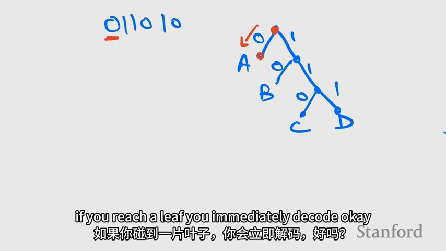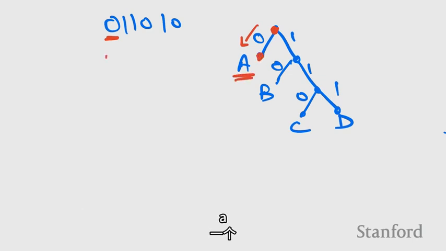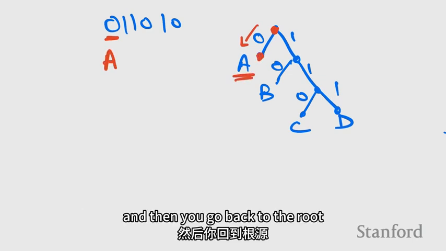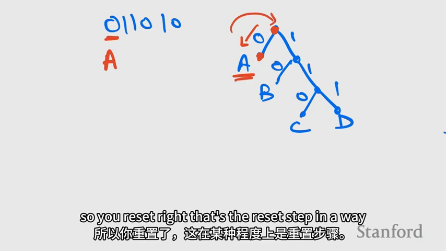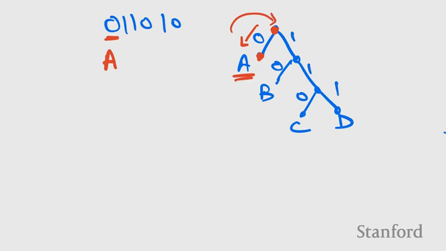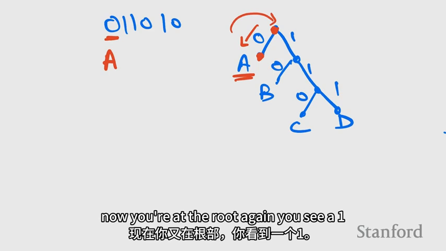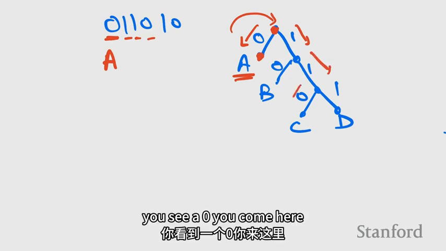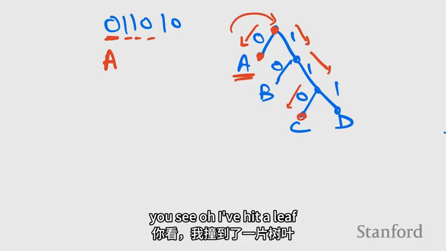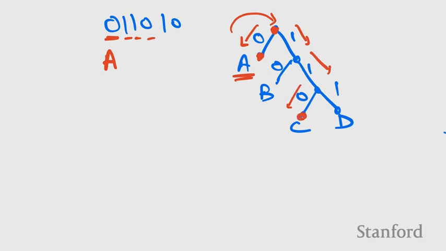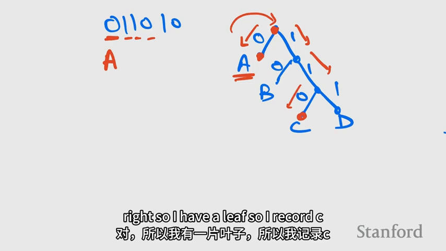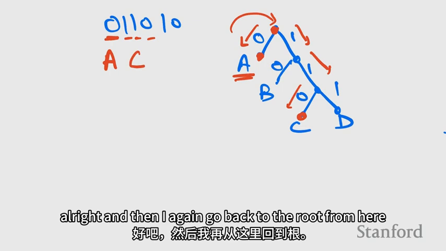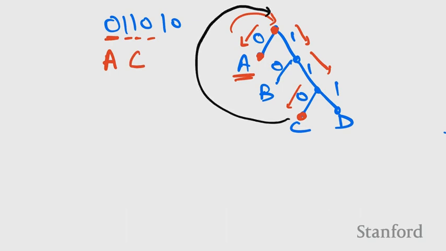If you reach a leaf, you immediately decode A, and then you go back to the root. So you reset. Now you're at the root again. You see a 1, you go here. You see another 1, you go again. You see a 0, you come here. I've hit a leaf, so I decode C. And then I again go back to the root.